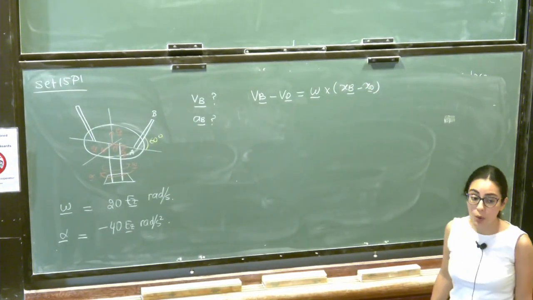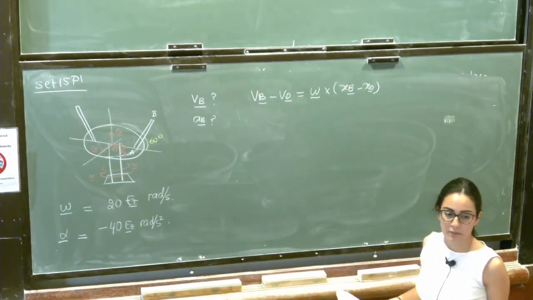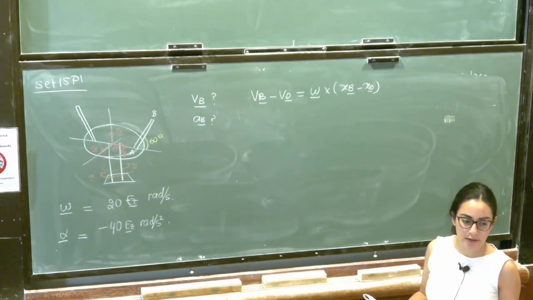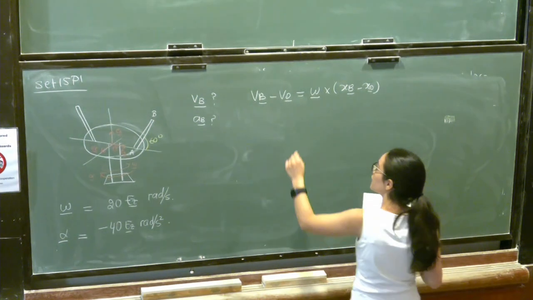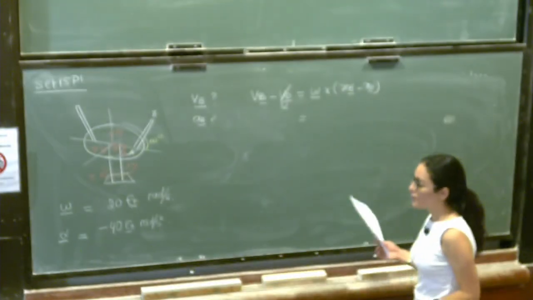What is VO here? 0. Why? It's along the axis of rotation, it's fixed, it's not moving. So VO is 0. VB is what we want to calculate. Omega is the 20 EZ.